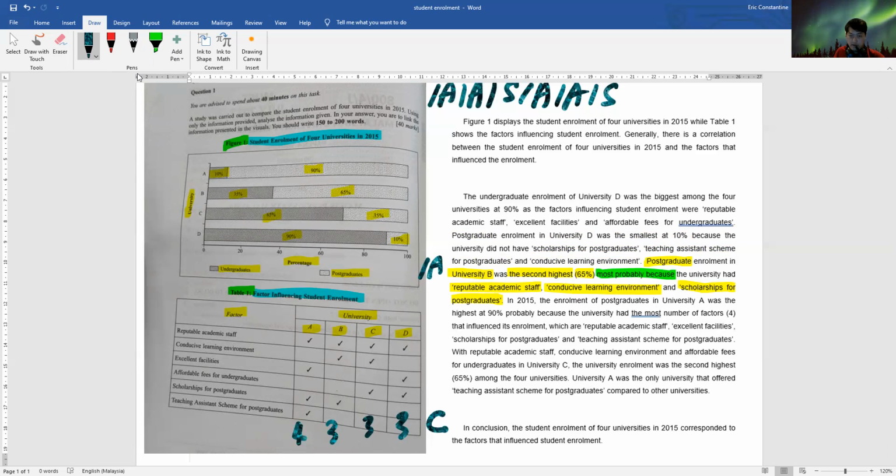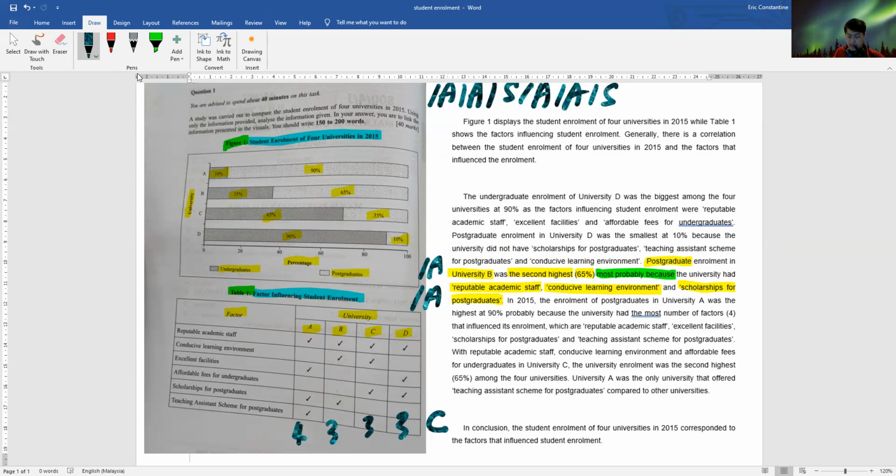You'll see B, second highest, 65%. That is taken directly from figure 1, the first visual. Another 1A, these are the three factors. Do I have to mention again the name of the university? I do not have to because it was already mentioned in the first part, which is University B. So again, that's another 1A. And because I use the linking words, most probably because, and I have fulfilled correctly on the details.